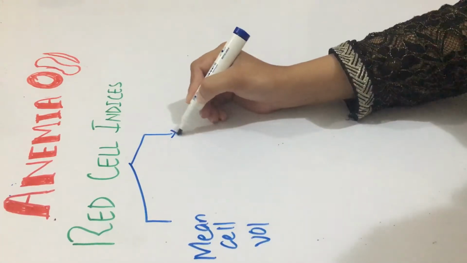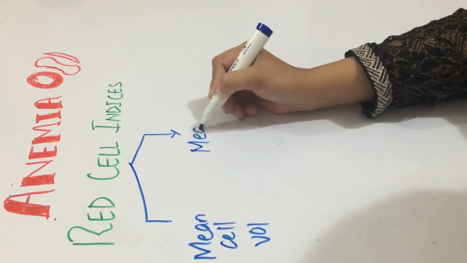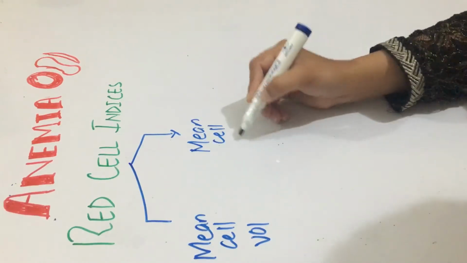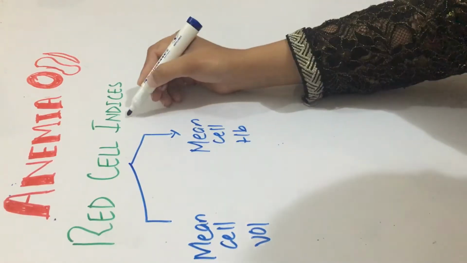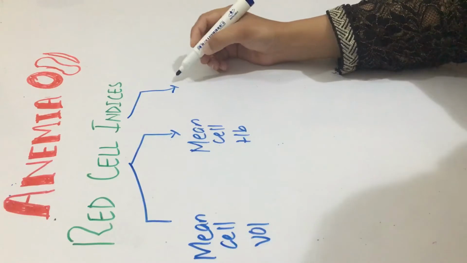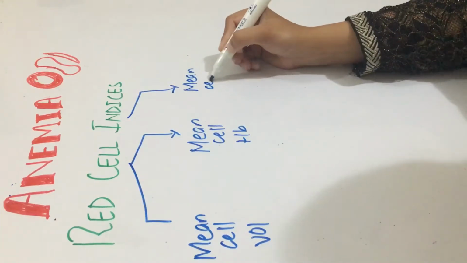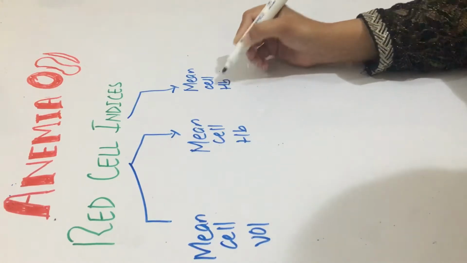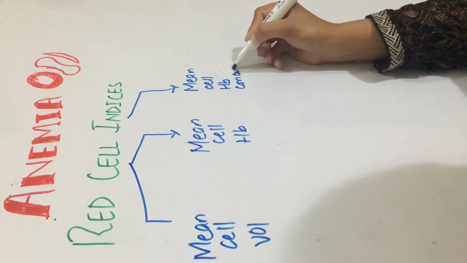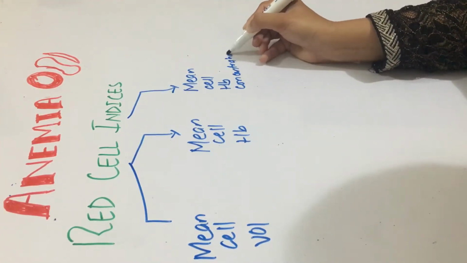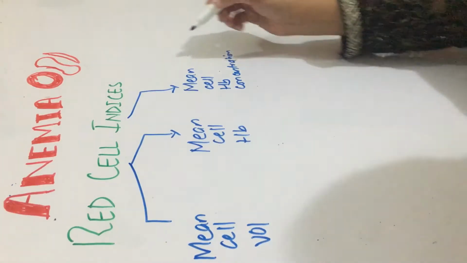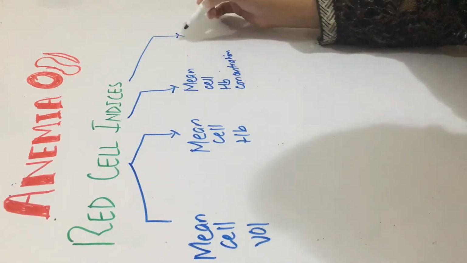The second could be the mean cell hemoglobin. The third could be the mean cell hemoglobin concentration. And the fourth is hemoglobin.